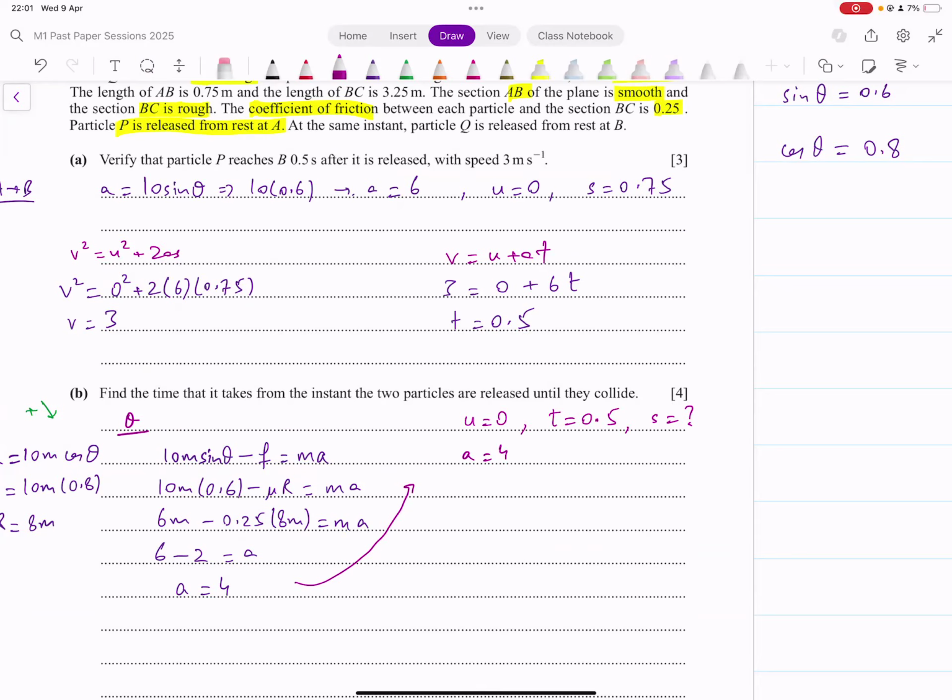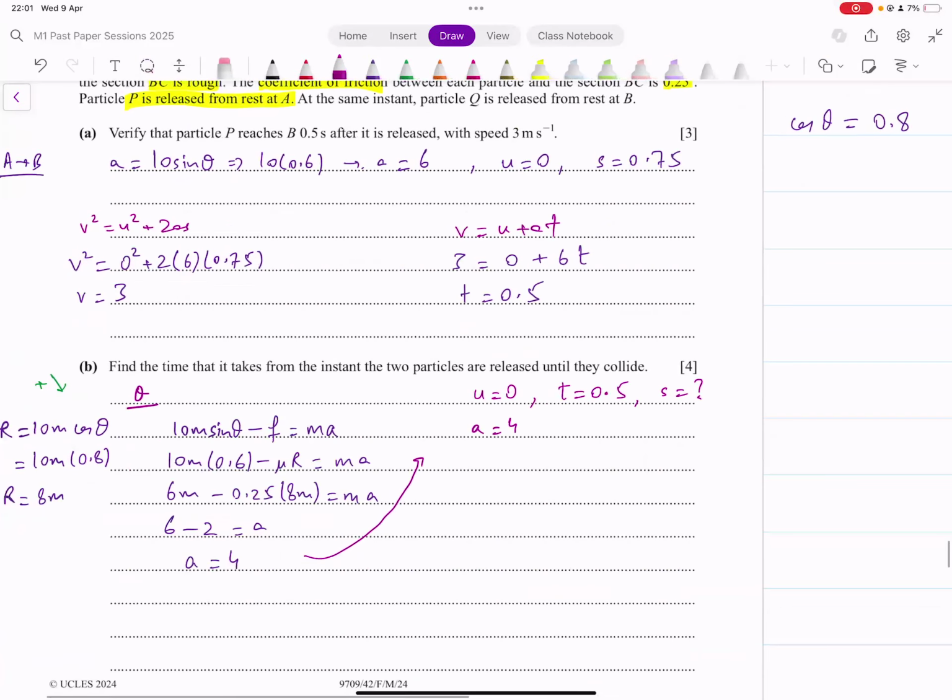Which equation connects these four things: S, u, a, and t? S equals ut plus half at squared. Let's input values in that. It would turn out to be 0 into 0.5, which just becomes 0, plus 1 over 2 into a times t squared, which is 0.5 squared. That's the displacement.